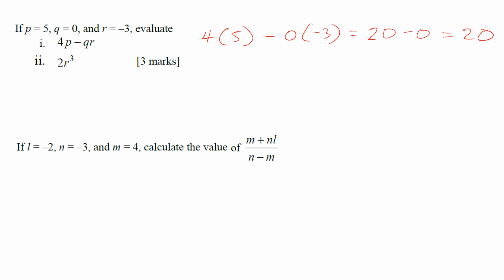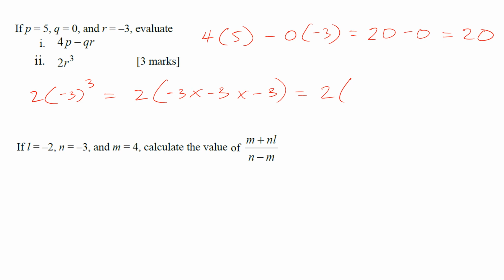Now, let's look at the second part. In the second part, we have 2 times r cubed. Now, r is negative 3, and then we cube that, right? This is saying that we should multiply 2 times negative 3 times negative 3 times negative 3. That's what it literally means, right? We can put back our 2. Now, in the bracket, we have negative 3 times negative 3 times negative 3.